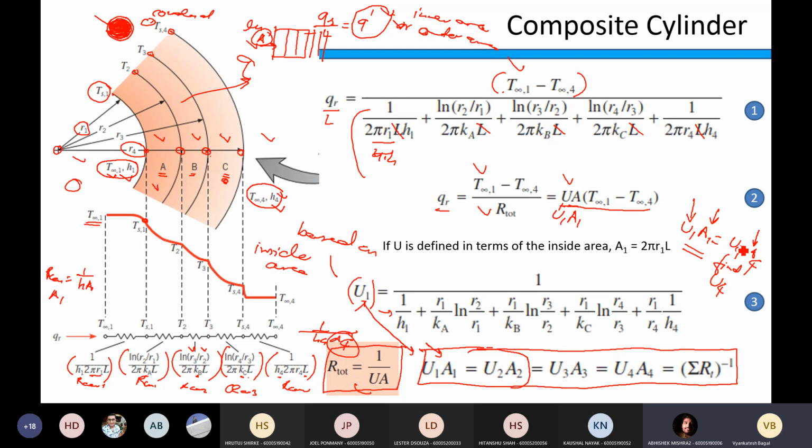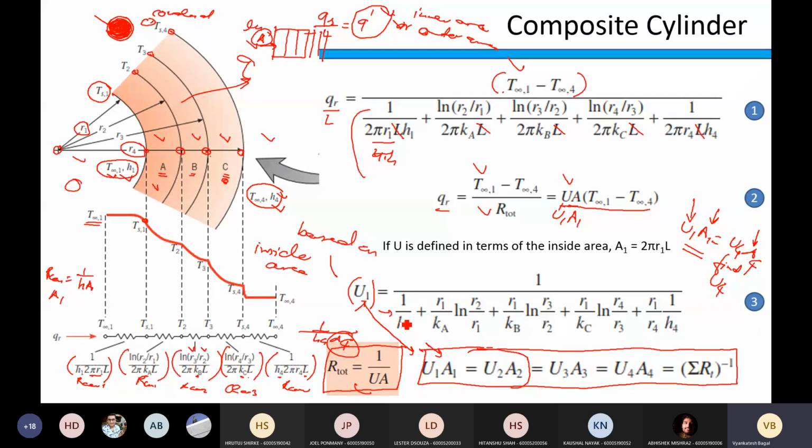However, if you want to write, you can write a similar kind of expression. The only difference you will observe is, here you are getting 1 upon H1, no? In the U2 term, you will get 1 upon H4 here. So this term will get cancelled, right? And you are getting R1 by R4 here.